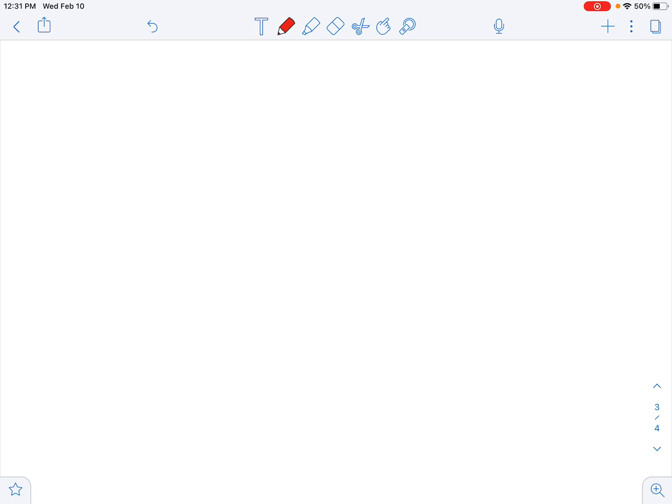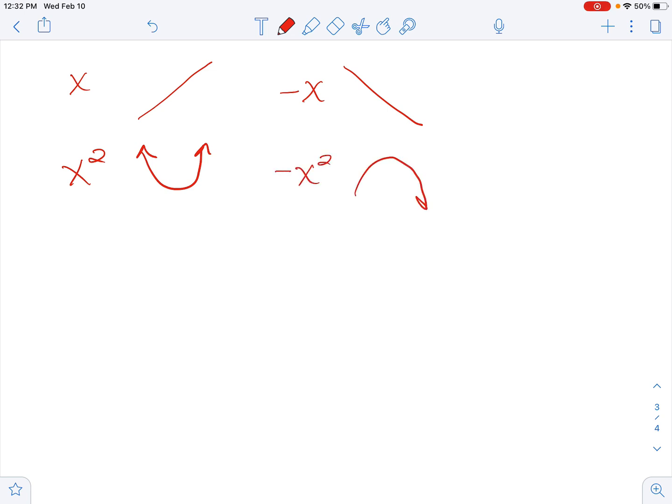So if you know that it's a linear function, it is going to go like this. If it's a negative linear function, it's going to go like this. If it's a quadratic, it's going to go like this. And a negative quadratic is going to go like this.